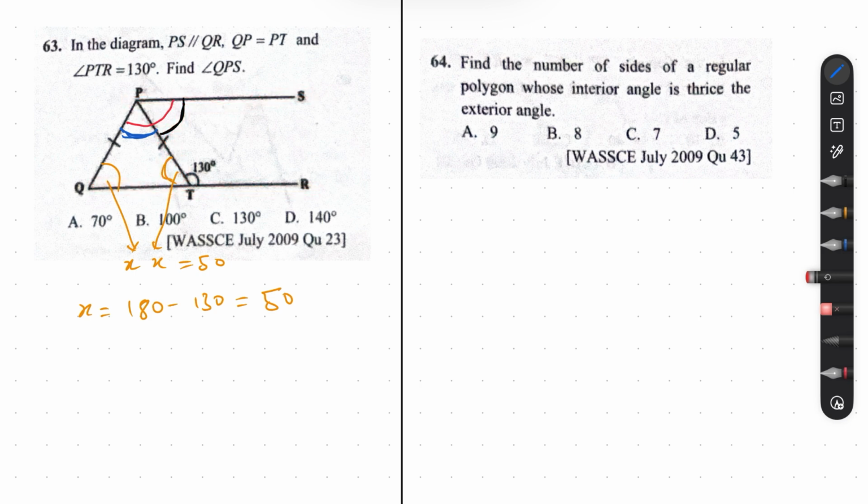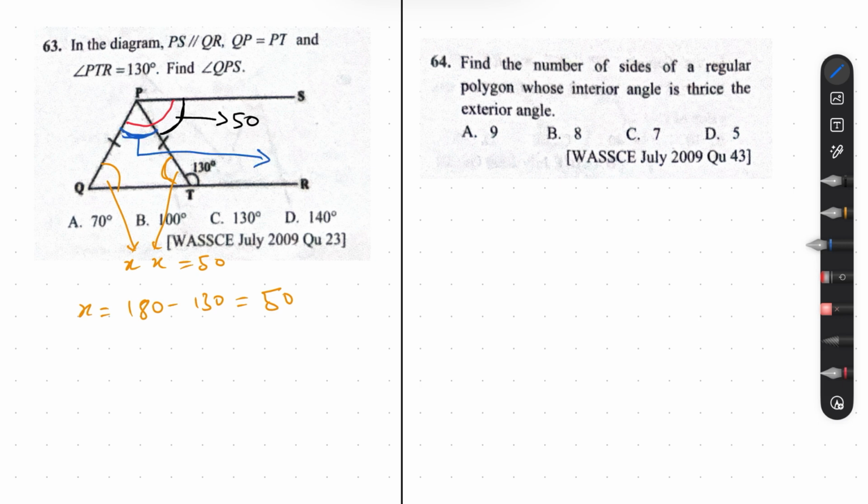So this angle will be the same as x, which is 50. So let's label that this angle is 50. Finally, what we need to find is the blue angle right here.